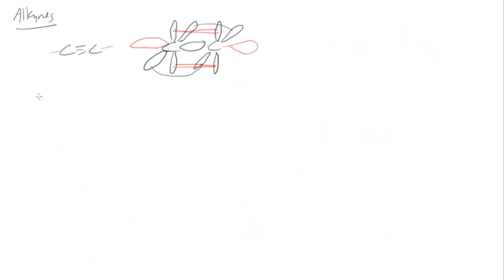And if we have double bonds and triple bonds in the same molecule, we name the ene first and then yne, and so we'll call it an enyne. So we'll start at the end closest to the first multiple bond, but if they're the same, then alkenes get the priority.